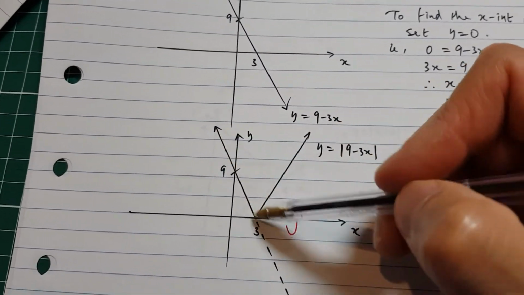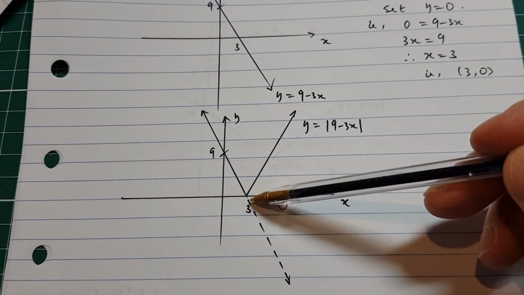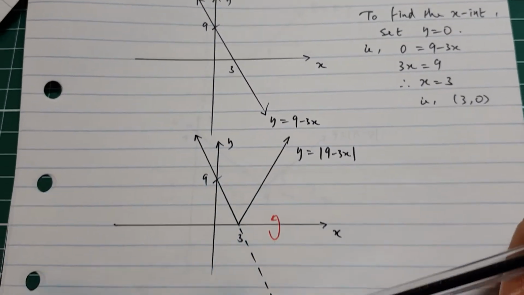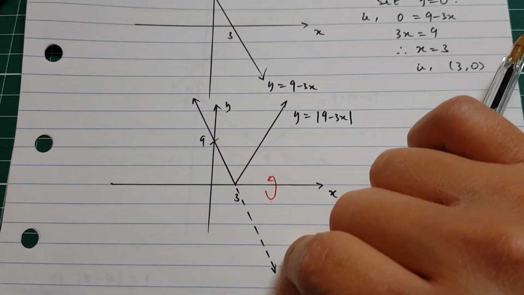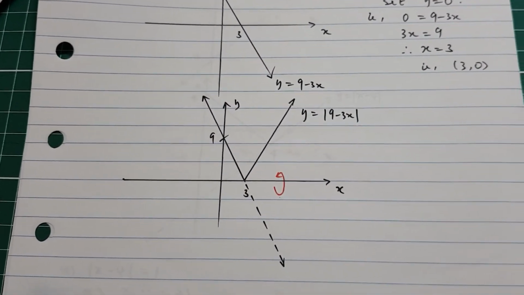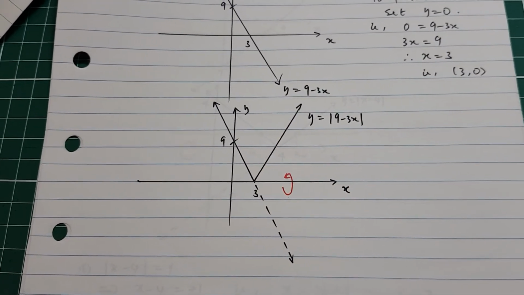So this part stays the same because that's already above the x-axis. The part that is under the x-axis from the original straight line, to get the absolute value function of it, is to grab that and rotate it. Then you get this nice V curve, which is the absolute value function. So that's how you generate it from scratch.